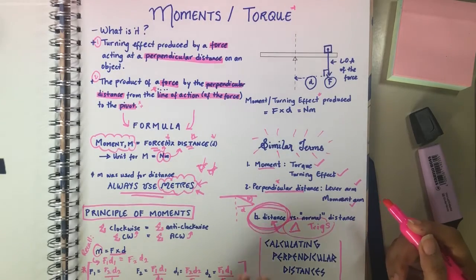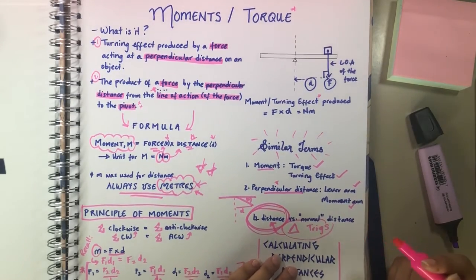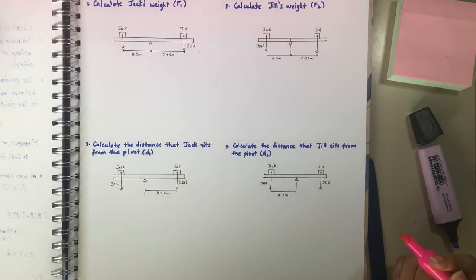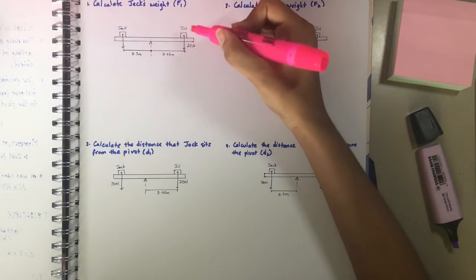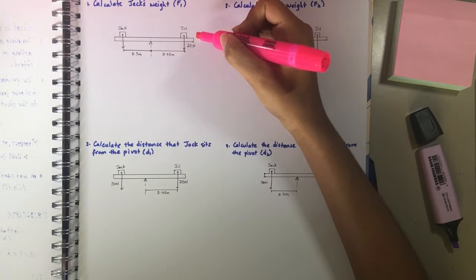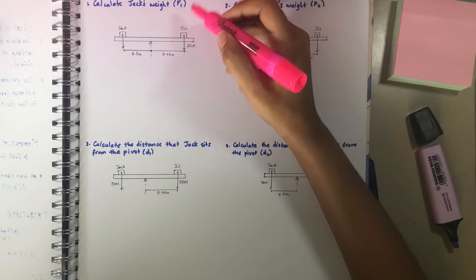So now we'll be going into a couple questions. This is basically to show what we got before, the F1, the F2, the D1, the D2. So the first question is a seesaw question, and they're asking us to calculate Jack's weight, which is F1.